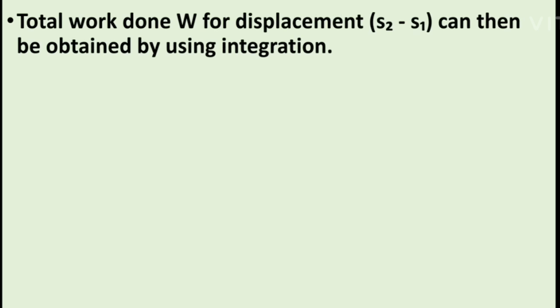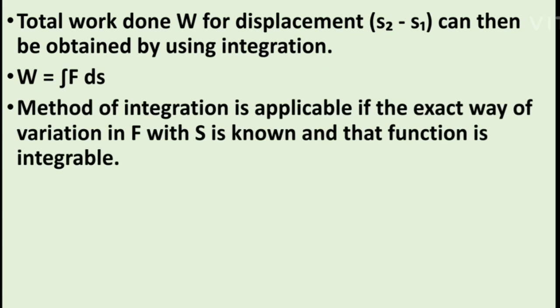Total work done W for displacement S2 minus S1 can then be obtained by using integration. Therefore, W is equal to integration from S1 to S2 of F ds. Method of integration is applicable if the exact way of variation in F with S is known and that function is integrable.